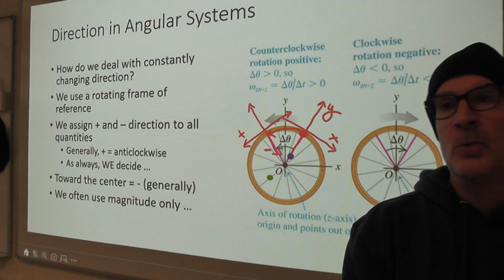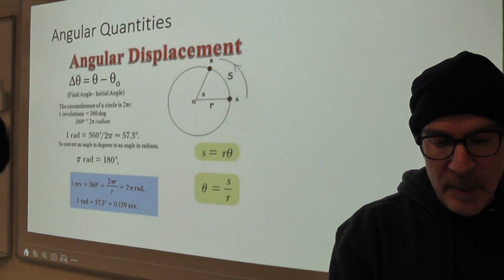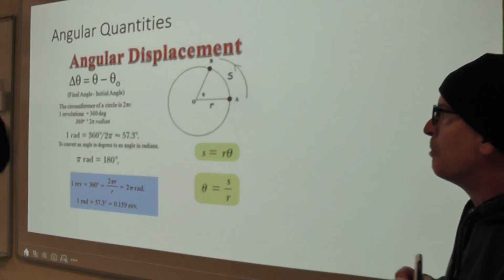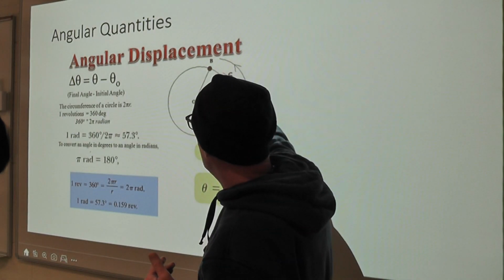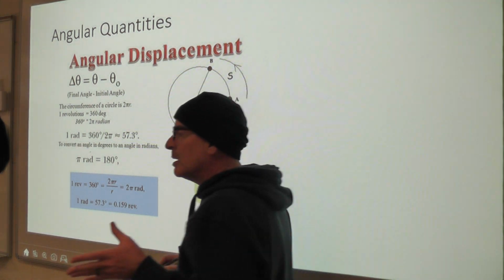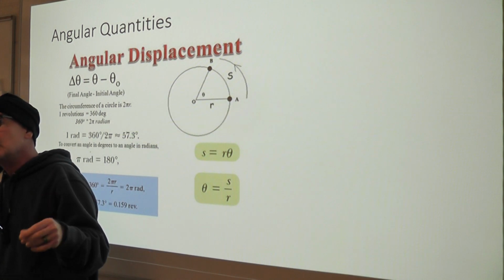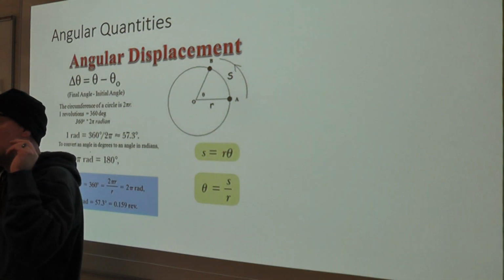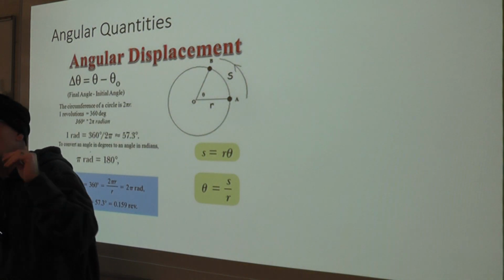When it comes to thinking about radians, in addition to just having that picture of one radian being about 1/6 of a circle, we also need to be able to relate it to rotations and to degrees.